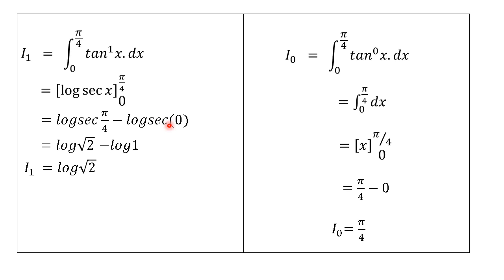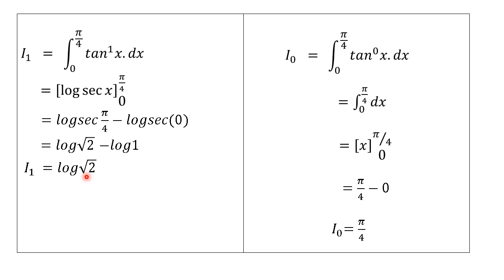Cos 0 value is 1. Secant is reciprocal of cos, therefore secant 0 value is also 1, that is log of 1. Log 1 value is 0, therefore I1 is equal to log of root 2.